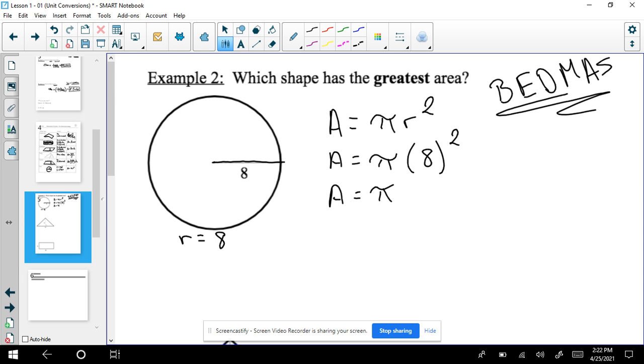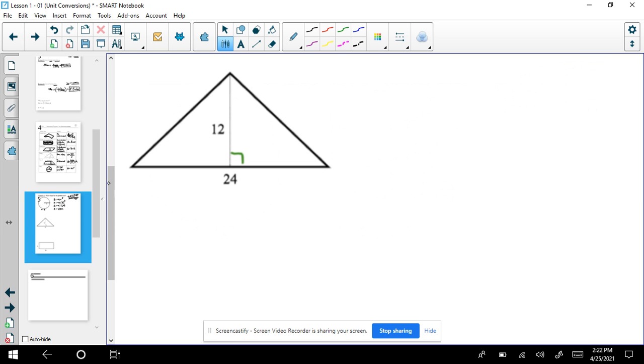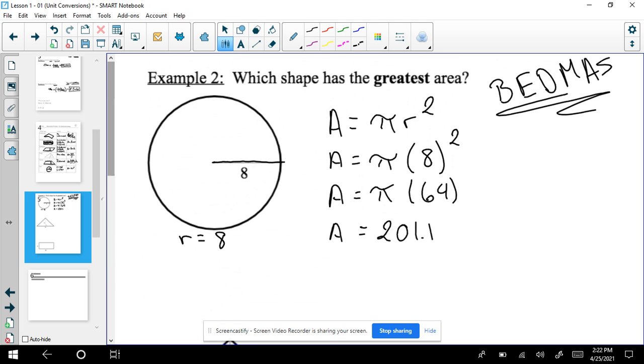My 8 squared is going to give me 64, right, because 8 times 8 gives me 64. And then I do pi times 64, which is going to give me 201.1. Because I don't know if this is centimeters or meters, I don't have anything after it, because I don't think any of them have centimeters. But don't forget, if it does have centimeters or a unit afterwards, you write it. So now that I have my answer, I would box it, and we know the area of the circle.